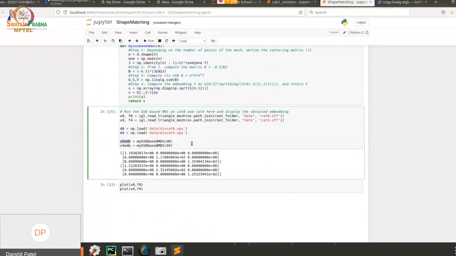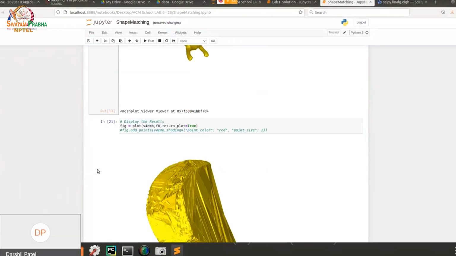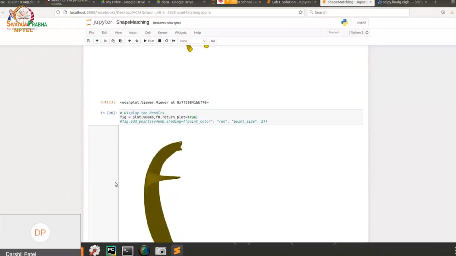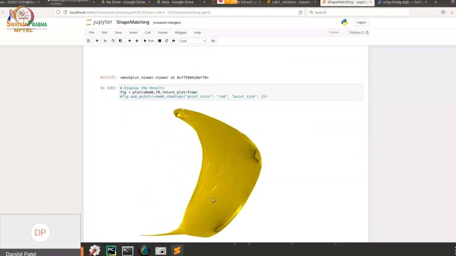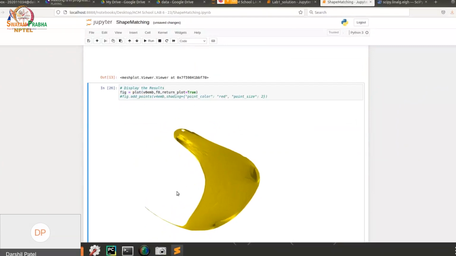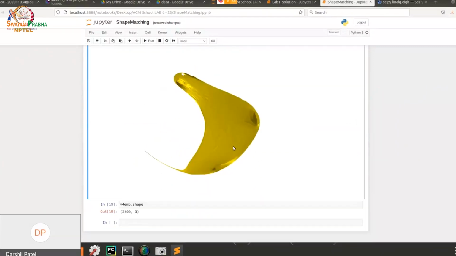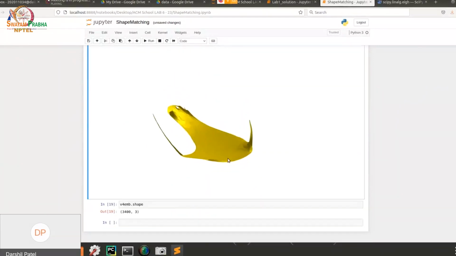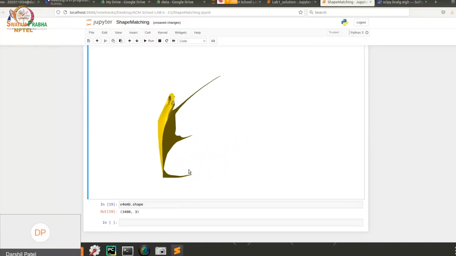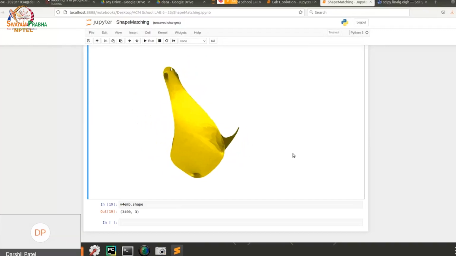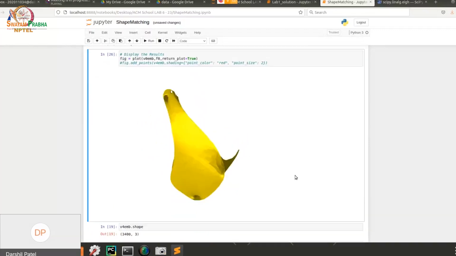V0 EMB. In this way, it's like a plane, on a surface, shrink it something like this.